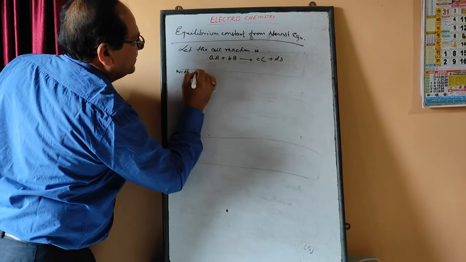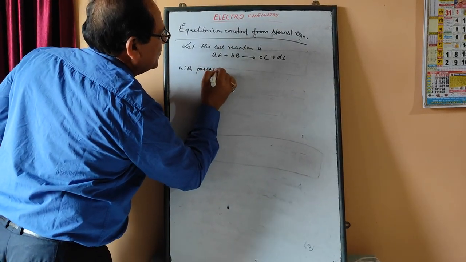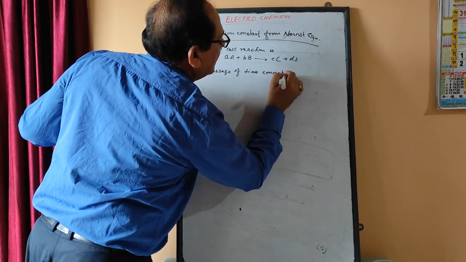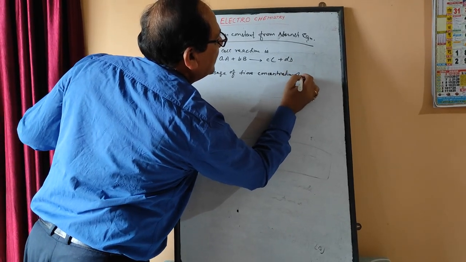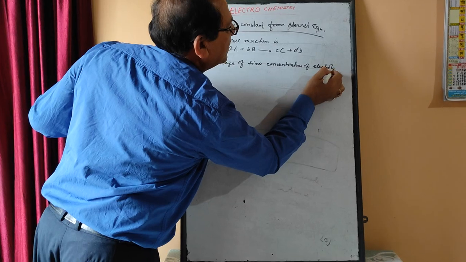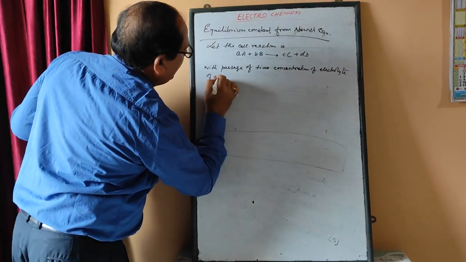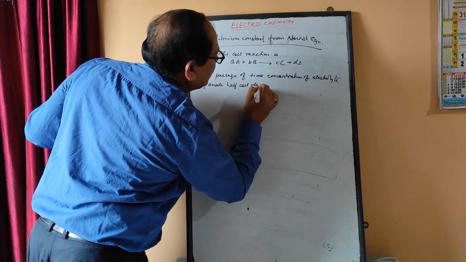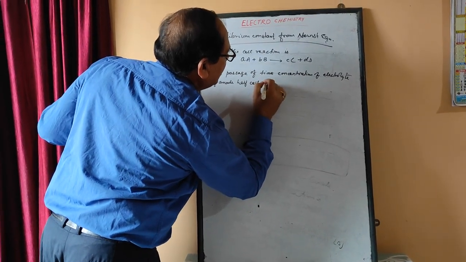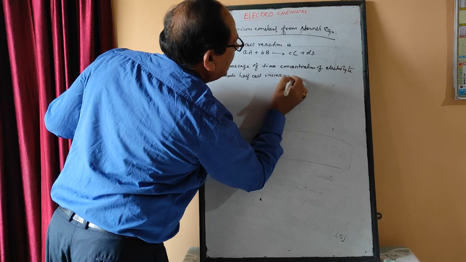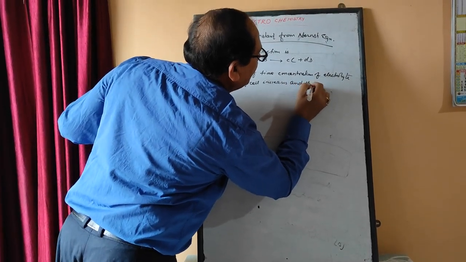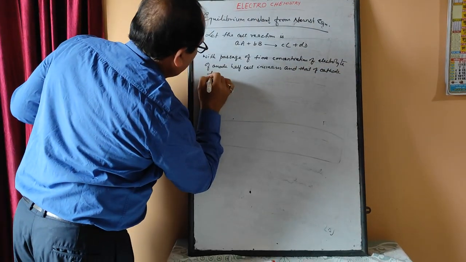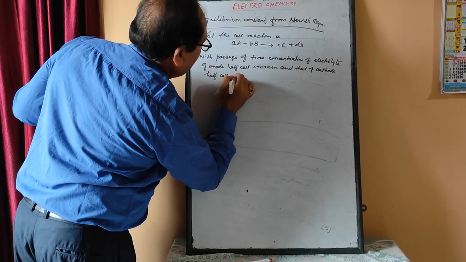With passage of time, the concentration of electrolyte of the anode half cell increases and that of the cathode half cell decreases.